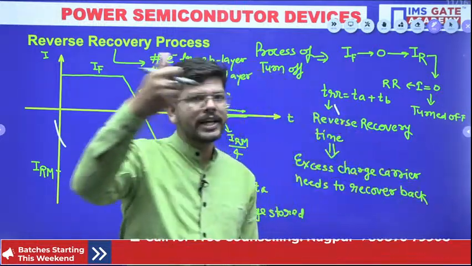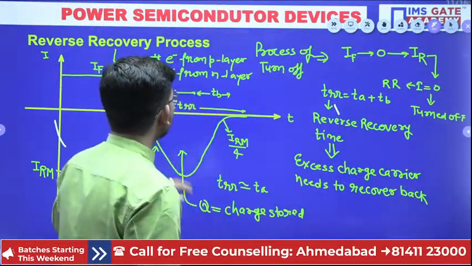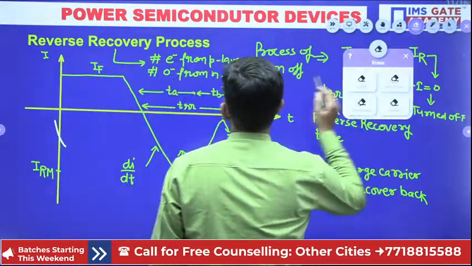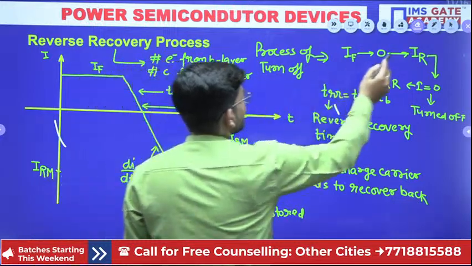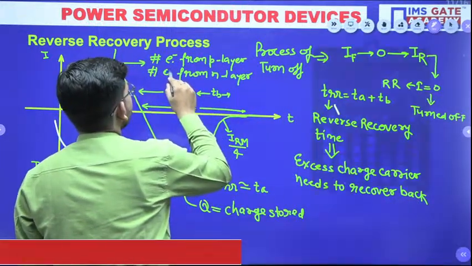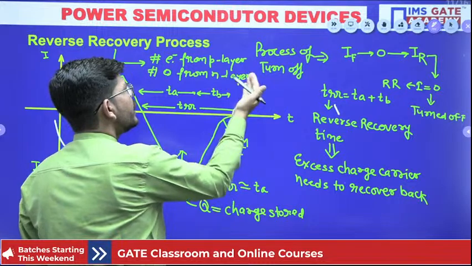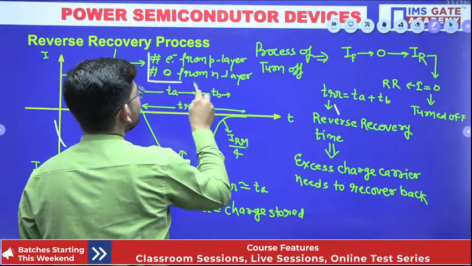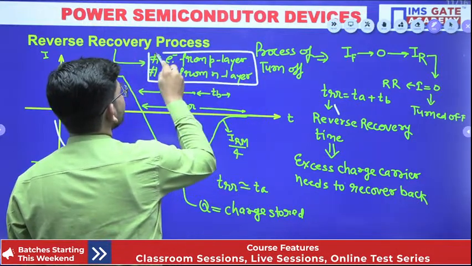Now they need to be recovered back to n layer. And we are recovering holes from n layer which have gone from p layer to n layer. They need to be recovered from n layer. So we are exactly recovering these two things.